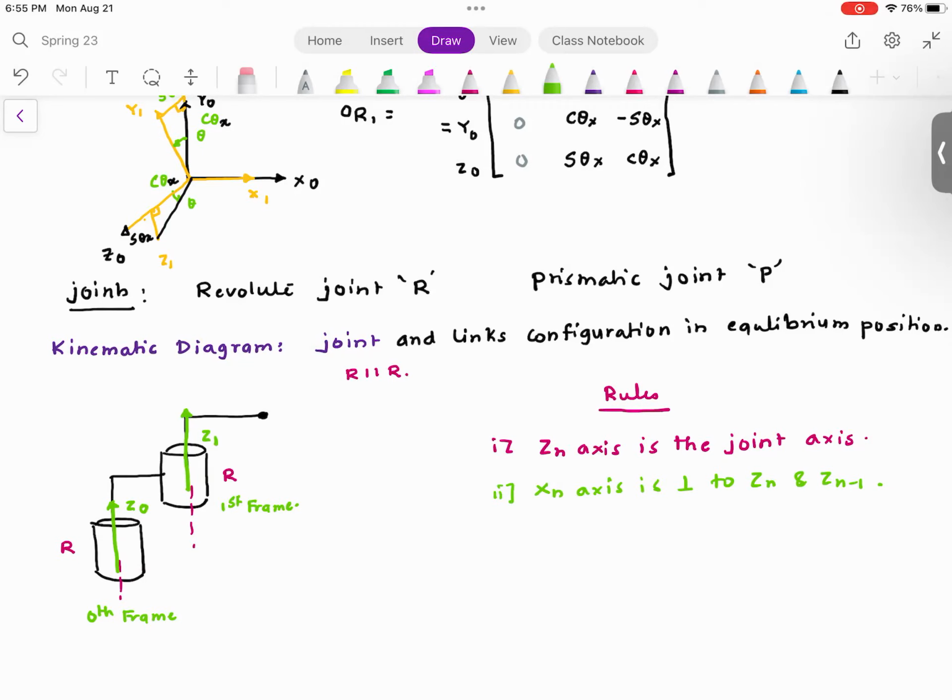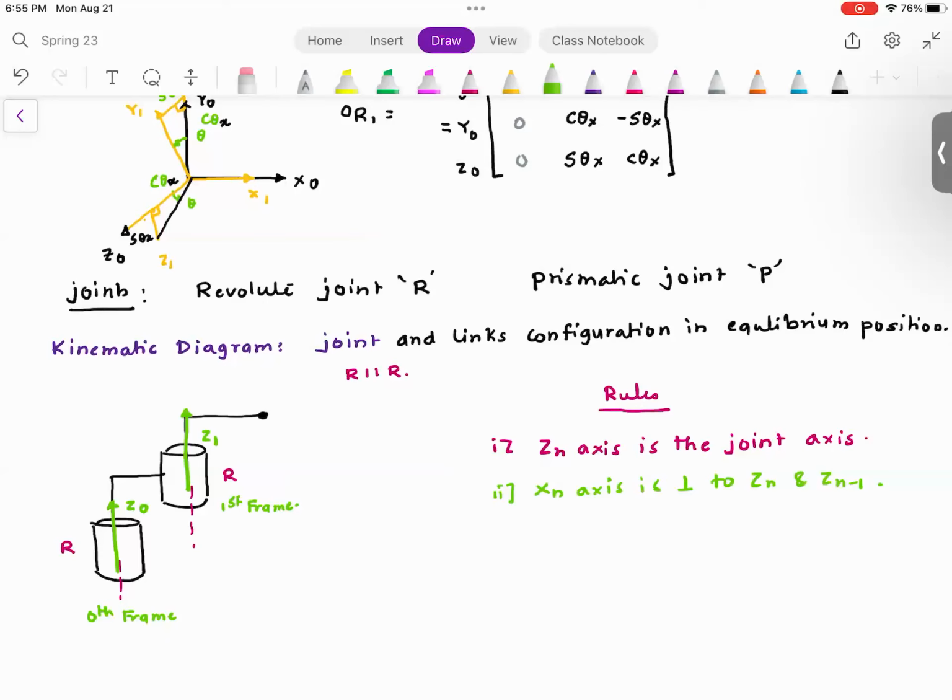The Xn axis is the axis that pairs with Zn. It has to be perpendicular to Zn because it's part of the triad. But it's also important to note that Xn has to be perpendicular to Zn minus 1. What does that mean?